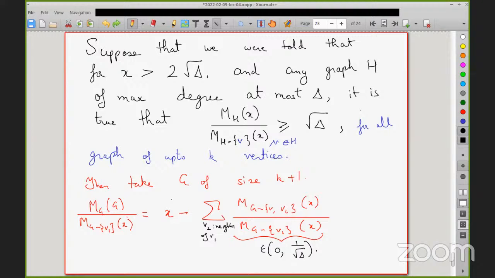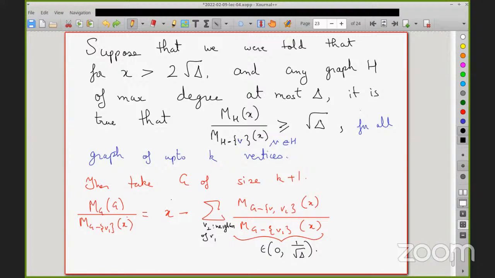And is that fine? I mean, you're saying assuming it's true for all smaller graphs. Yeah, so you're just telescoping the left hand side, you're continuously multiplying positive things. That's all you require.